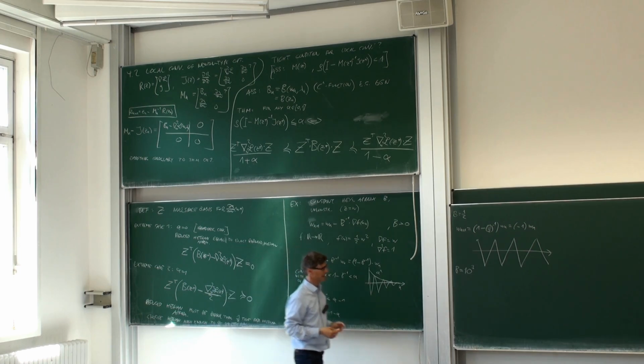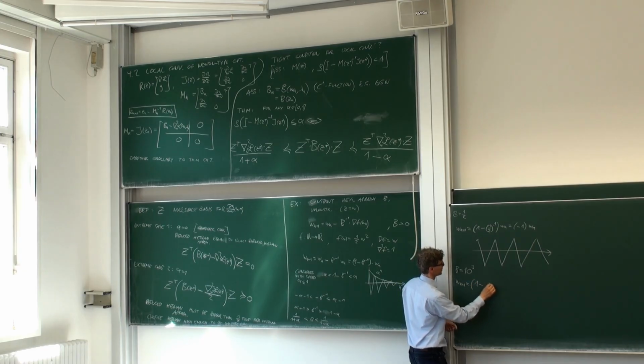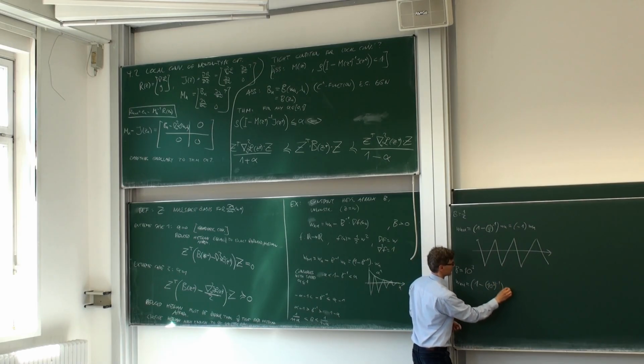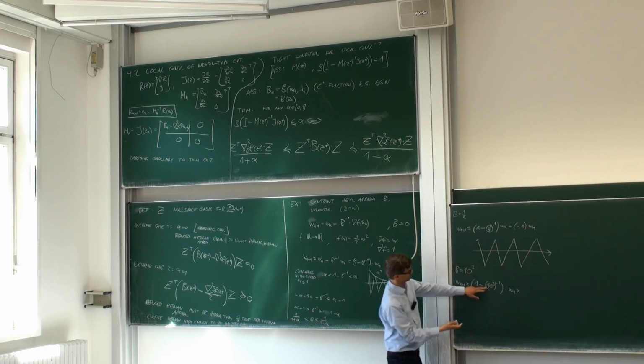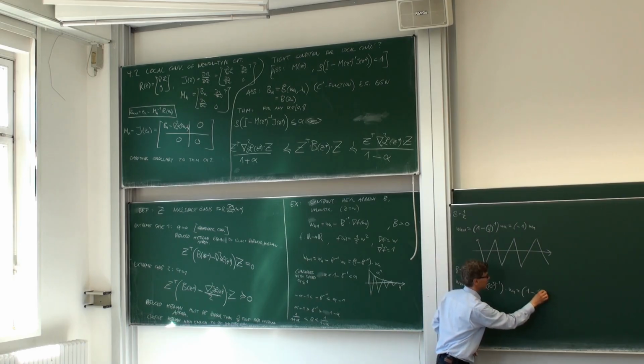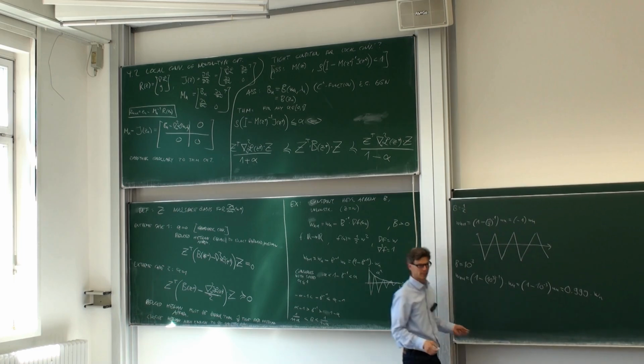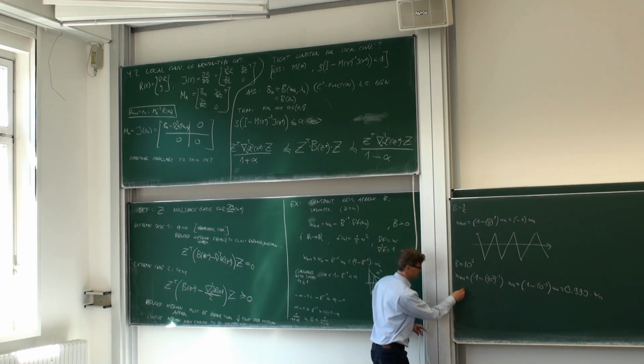What will happen is that I have wk plus 1 is equal to 1 minus 10 to the 3 to the minus 1 times wk, which is 1 minus 10 to the minus 3 times wk, which is actually 0.999 times wk.